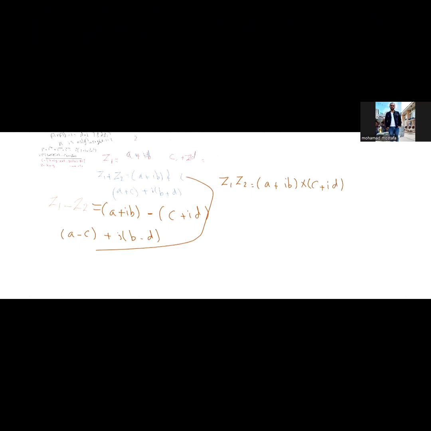First multiply a by c and d, equals ac minus bd. This is the real part, and then plus, taking out i, bc plus ad.